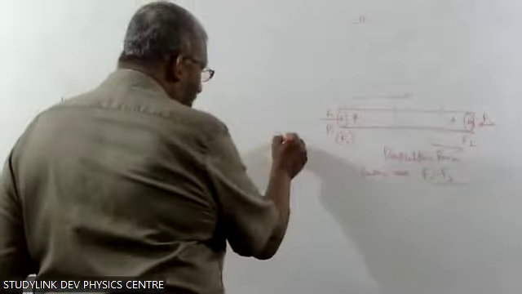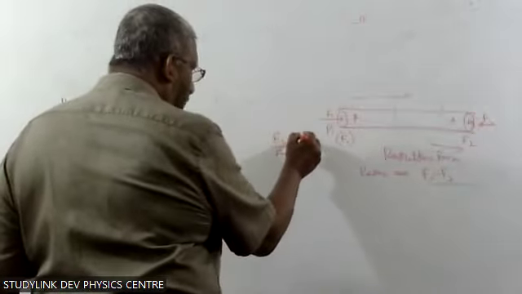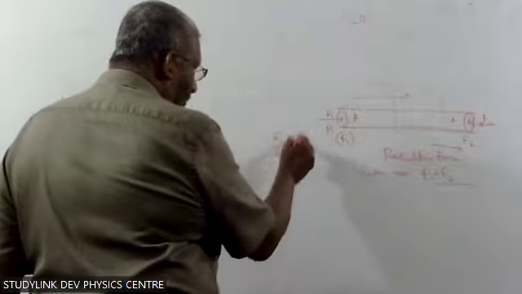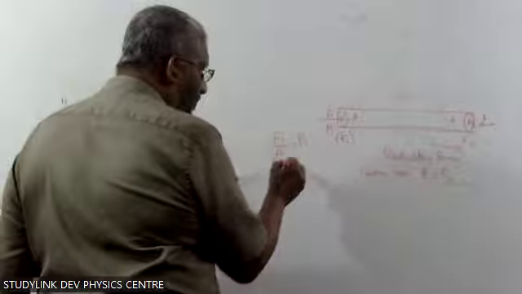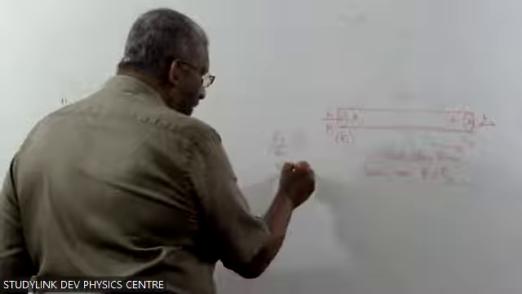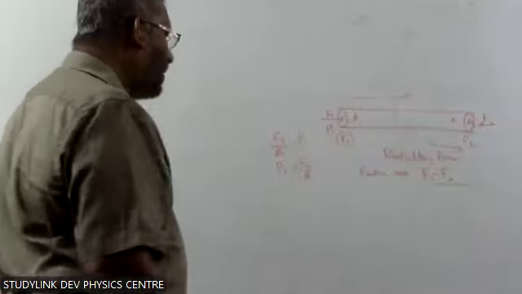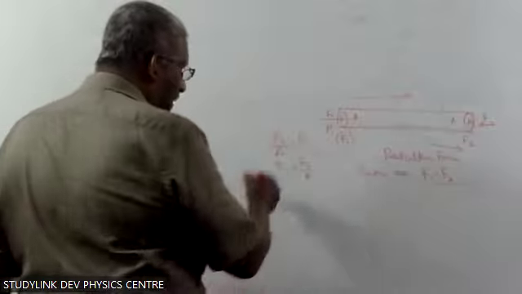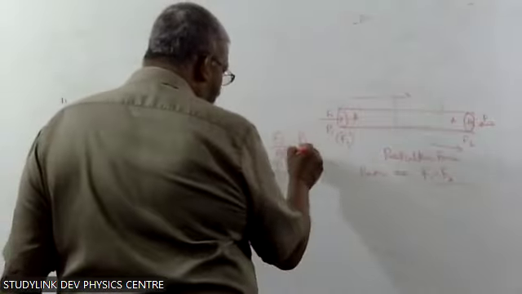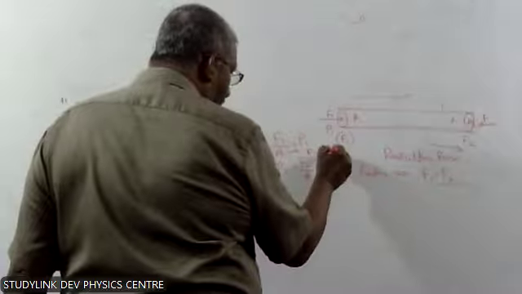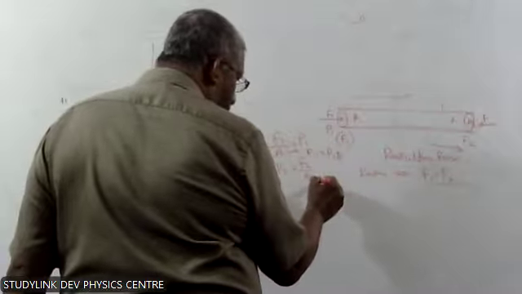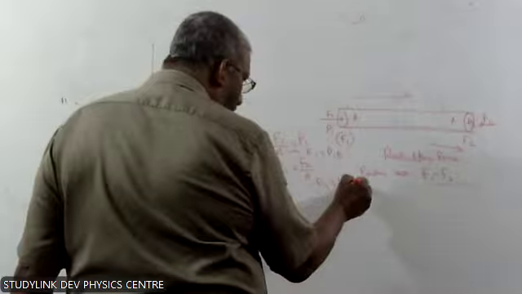F1 divided by A is equal to P1, and P2 is equal to F2 divided by A. So F1 is equal to P1A, and F2 is equal to P2A.